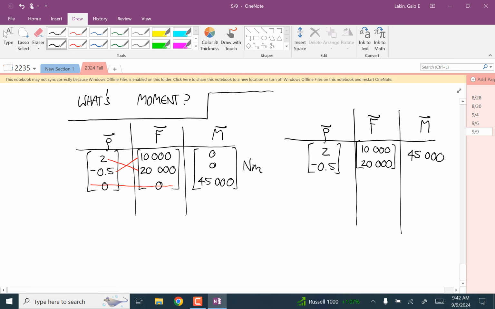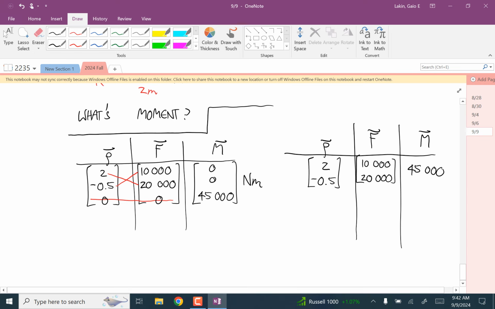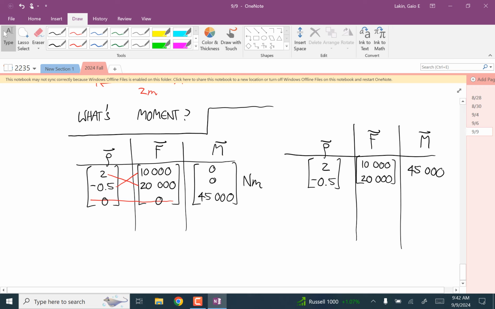Okay? Does that have any kind of physical meaning? Well, yeah, the direction of it tells you the direction of rotation it would cause, using the right-hand rule. And the size tells you how likely you are to turn that thing.